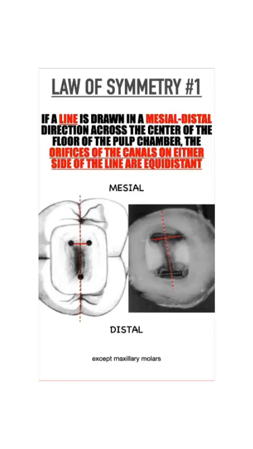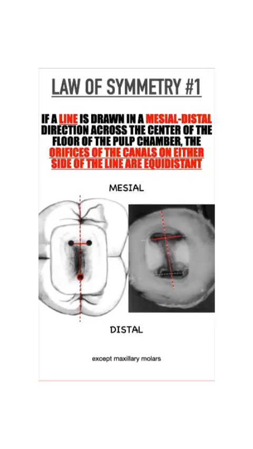For example, if we look at the picture of the mandibular molar on the left, we can see one orifice that is exactly in the center of the line, and that means that we only have one canal in the distal side. While looking at the mesial side, we can see one canal is a bit shifted to the buccal, which means that there is another canal on the lingual side that is equidistant to the line in the center.